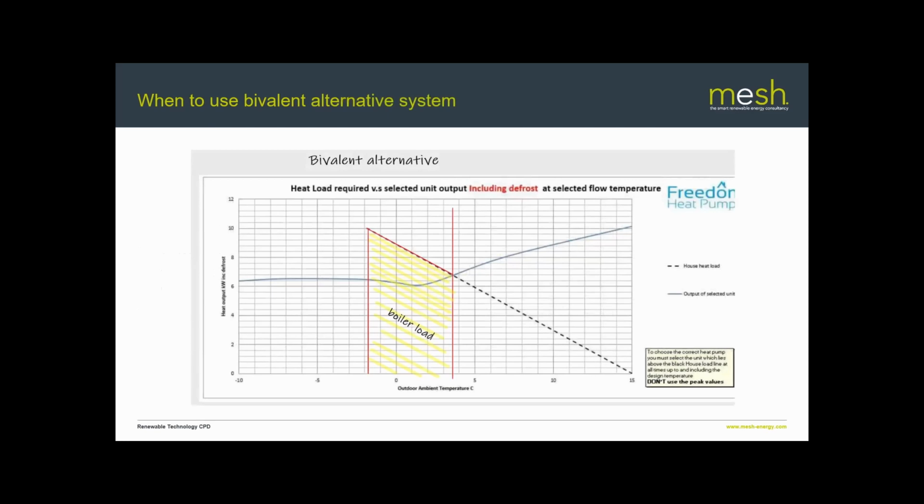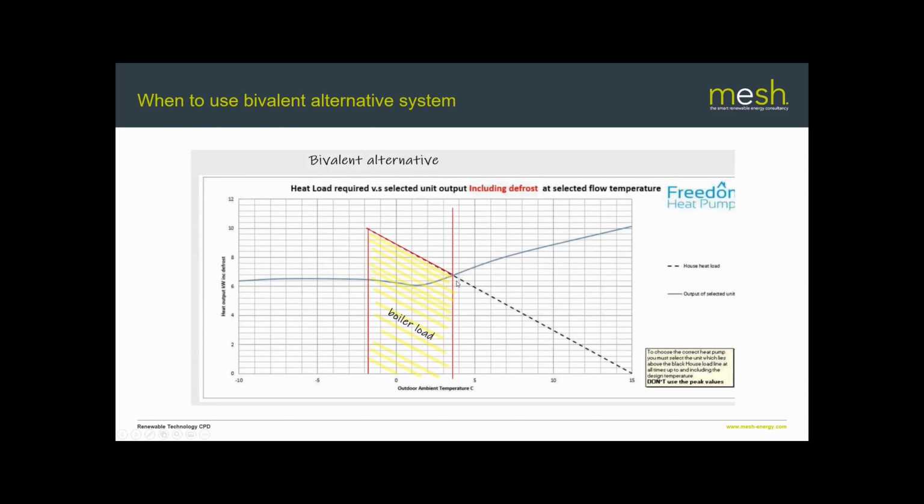On this bivalent alternative system, you can see the same major features. Once again, we've got the building load coming down on the black dotted line, the heat pump output in the blue solid line, and the bivalent point where those two lines cross. But the big difference here is that the boiler's picking up everything to the left-hand side of the line that's taken down from the bivalent point.